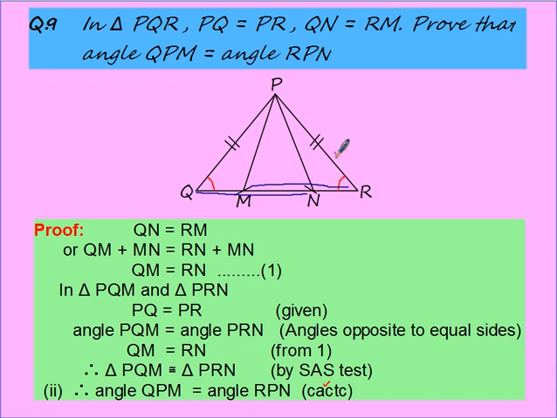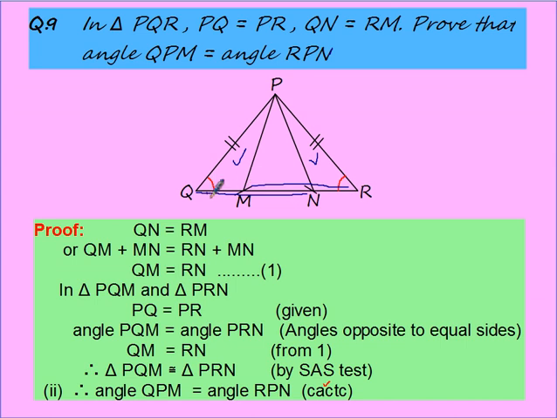Anyways, now they are asking prove that angle QPM is equal to angle RPN. So this is clear to me, that I have to take these two triangles to make them congruent. But before I make them congruent, I have only one side and one angle, so I have to go for a third thing.